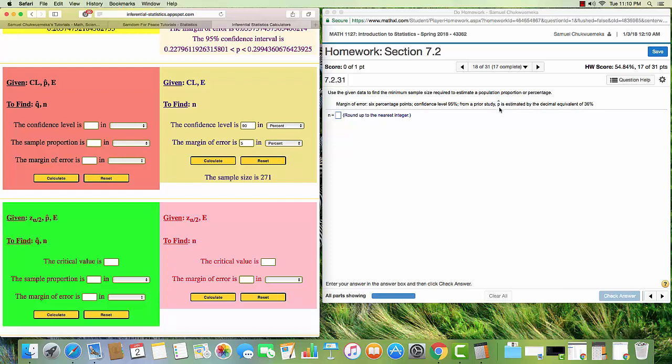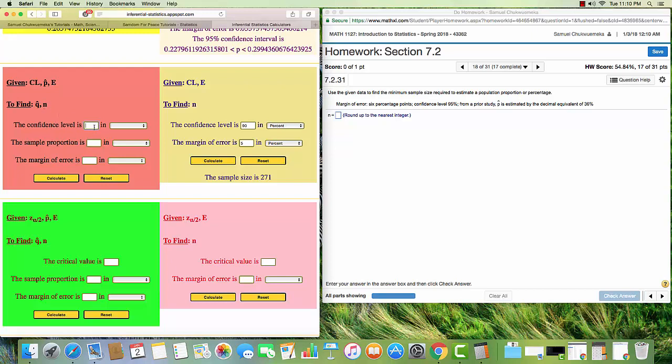So they gave us the sample proportion, the margin of error, and the confidence level. So you have to use this right here. And remember, we just want to find the sample size.